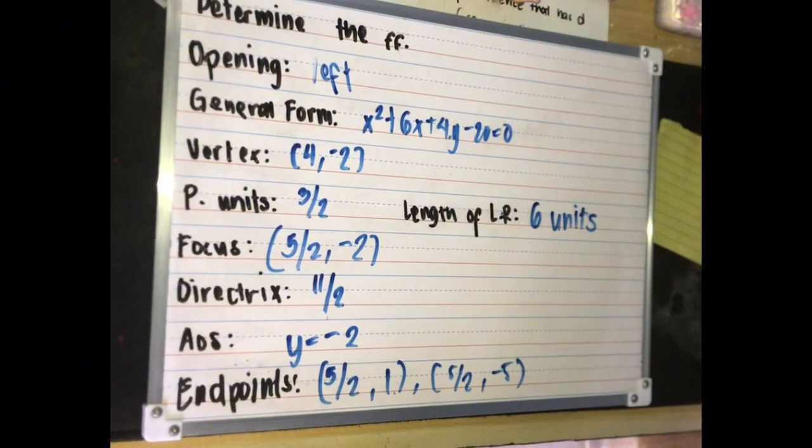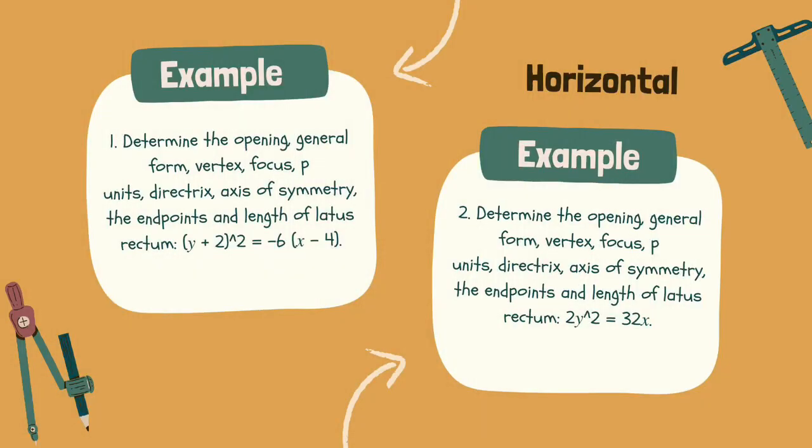So, ayan po yung mga answer sa dinetermine natin. And next is determine the opening, general form, focus, vertex, p units, directrix, axis of symmetry, the endpoints, and the length of latus rectum.